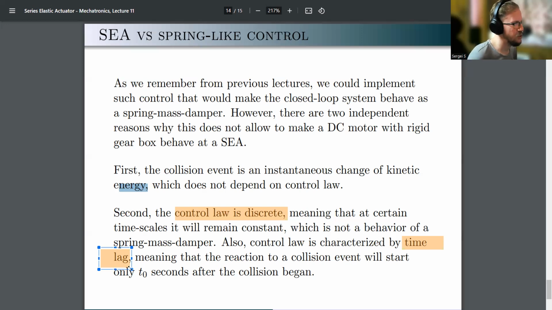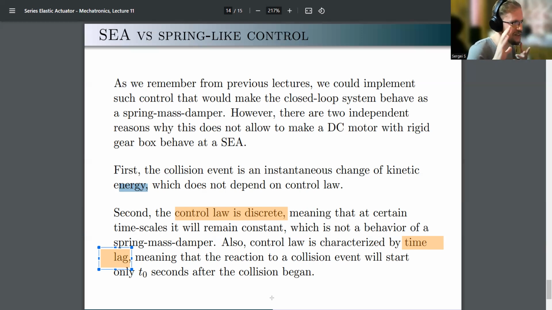Of course, to answer all of this, everything that I said, you can reply that actually instantaneous changes of kinetic energy do not exist, right? It is just a model that I proposed. In fact, during the collision, various parts of the robot start to bend elastically, right? There is a bending here, a change of deformation here, a slow change of kinetic energy here, and so on.